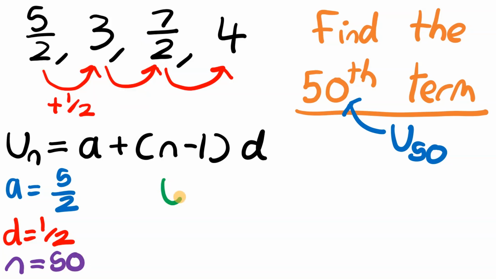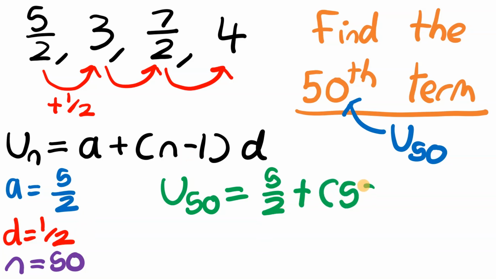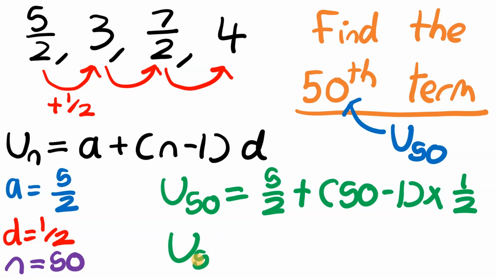So therefore u50 is equal to a, which is 5 over 2, plus (n minus 1), so it's going to be 50 minus 1, multiplied by d, which is a half. And if you put this into your calculator, you'll get that u50 is equal to 27.